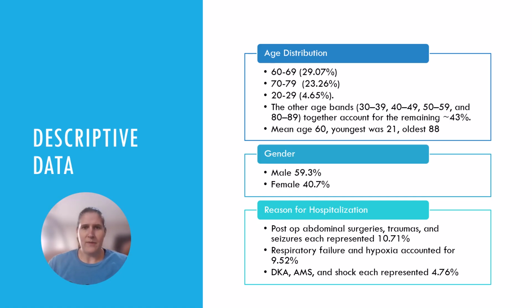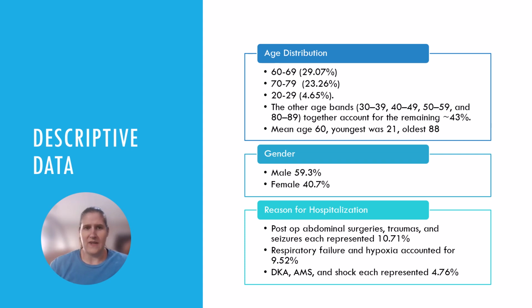The 3 most common reasons for hospitalization were postoperative abdominal surgeries, traumas, and seizures, which each accounted for about 10.71% of total hospitalizations for this project. Respiratory failure, which included both acute and chronic forms, along with hypoxia, accounted for 9.52% of encounters.